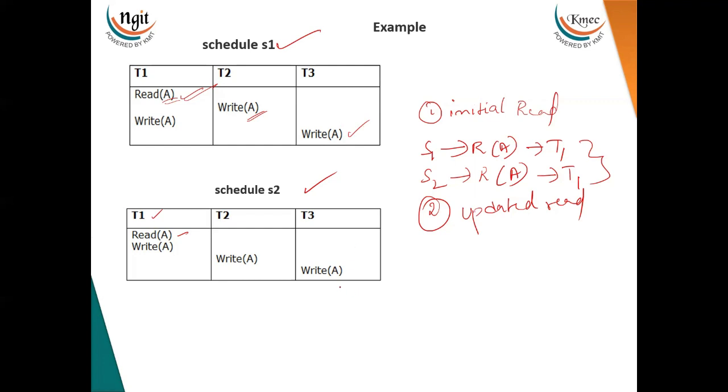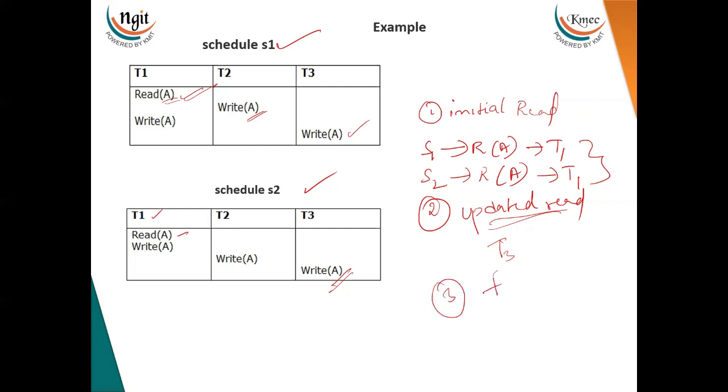And similarly, you can find the write operation is made by T3 on the same account A. But here it is asked about the updated read. Once the write operation is made by T3, is there any other transaction reading the updated value of T3? No, there is nobody. T3 has made the modifications on the same data item in both the schedules. And similarly, this updated read will be equal in this particular case.